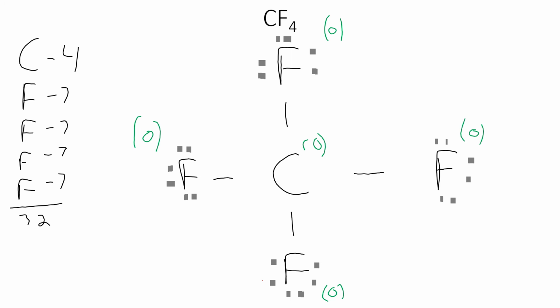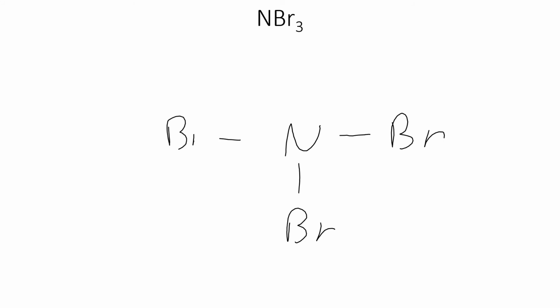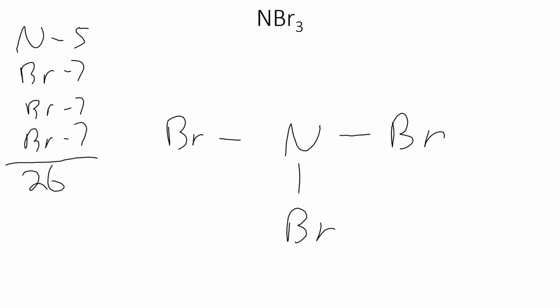Let's go to another example of counting out formal charge. If we look at NBr3, I'll just re-sketch NBr3 for us so we can look at it. Remember, nitrogen was in group 5A, bromine was in group 7A. So we had 26 electrons.